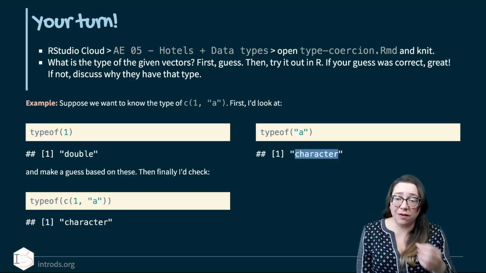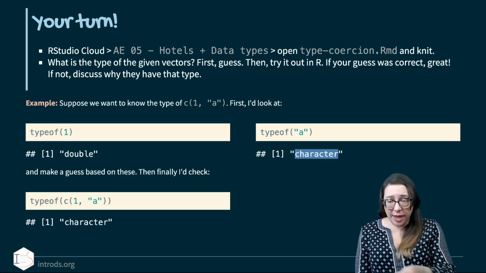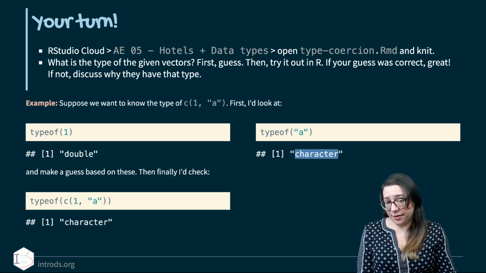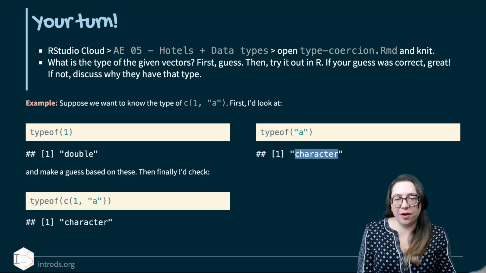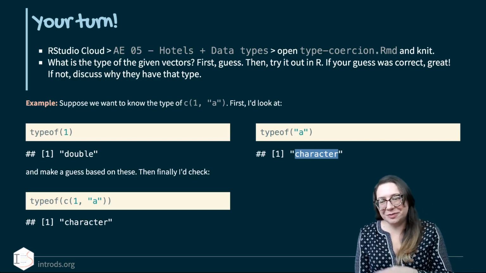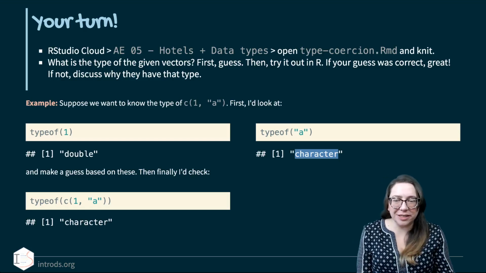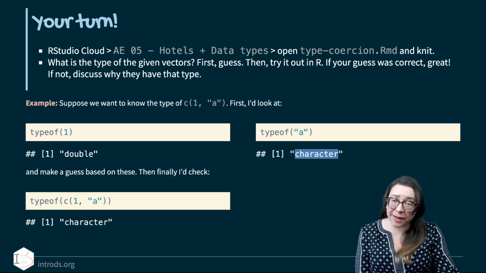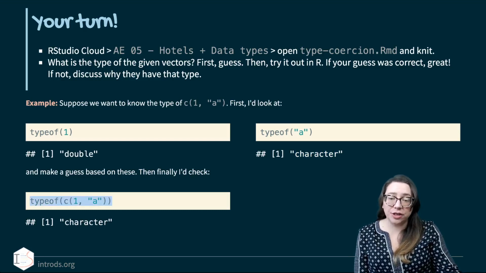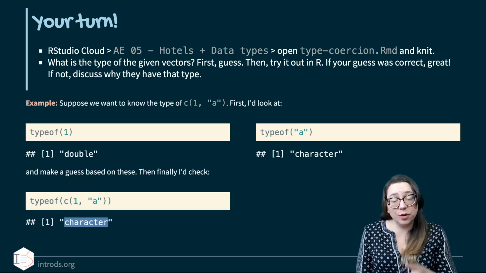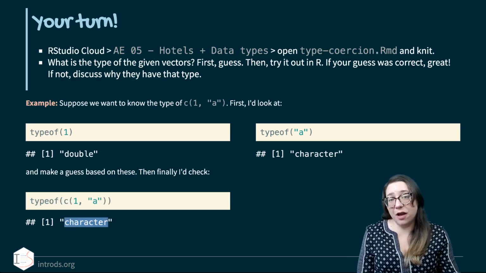Then I ask myself, what would I expect to happen if I put a double and a character together? My guess is there's no way of going from the character to a number, so it must be that we're going to make the number into a character. So my guess would be a character. Then I put them together and wrap them in the typeof function to confirm whether my guess was correct or not.